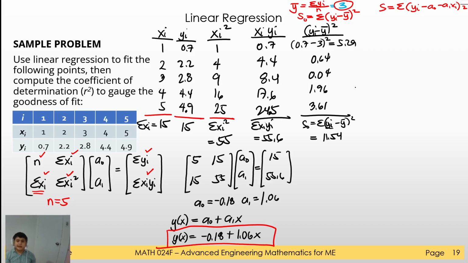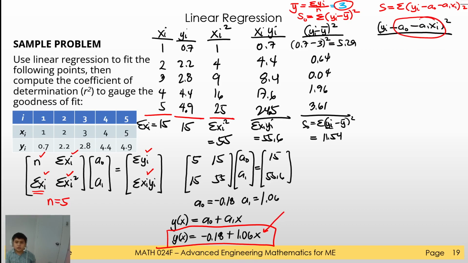And then for this one, we want to figure out the summation of yi minus a naught minus a1 xi, and then squared. How do we calculate this? We can just substitute the value of x here.